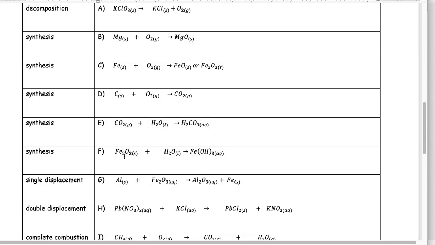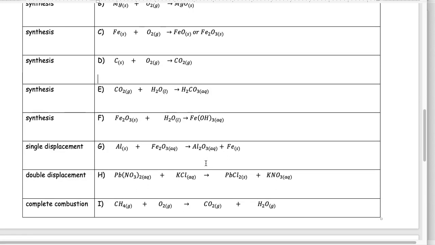Okay, and then magnesium, iron 3 oxide. Same thing, we have our ionic compound, we're mixing it with the water, and then we're going to have a base that forms. So base is aqueous.